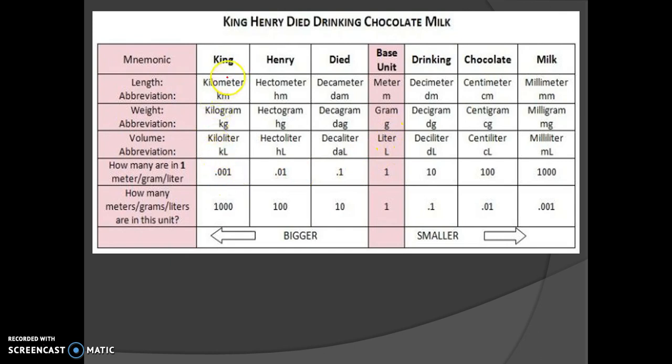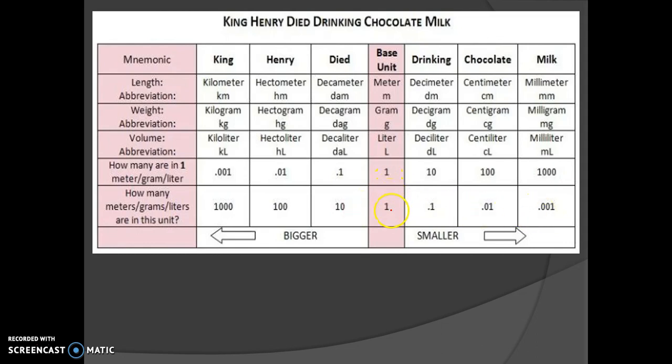So each unit has its value. The value for kilo is 1000, for hecto is 100, deca is 10. The value for deci is 0.1, centi is 0.01, and milli is 0.001.